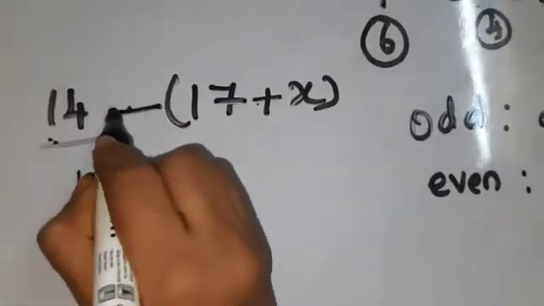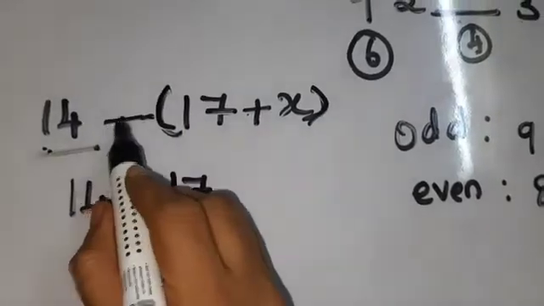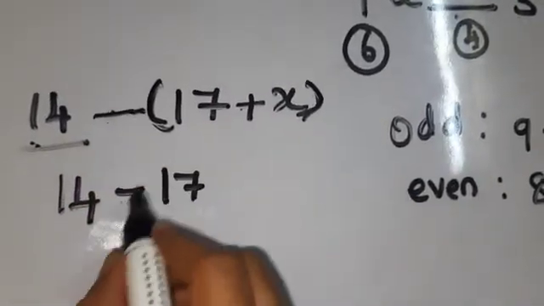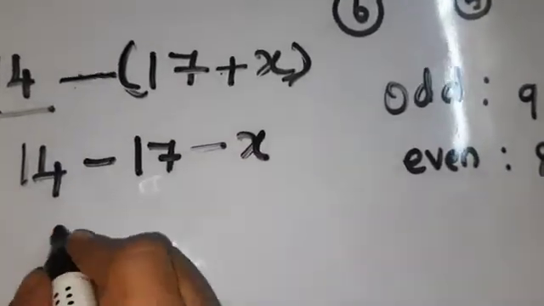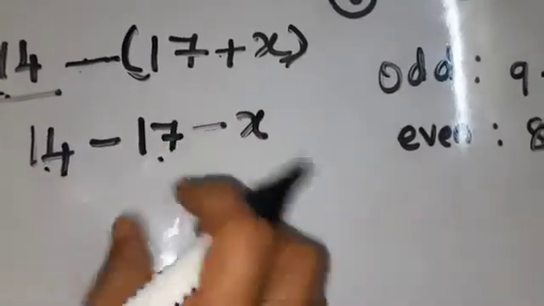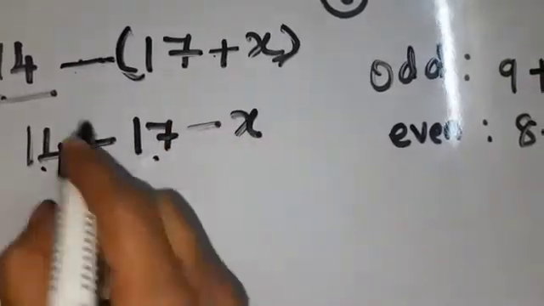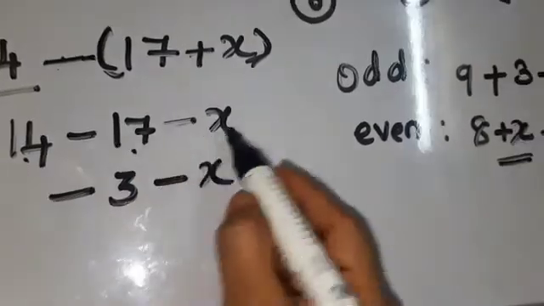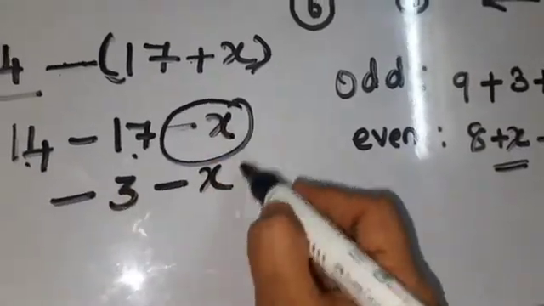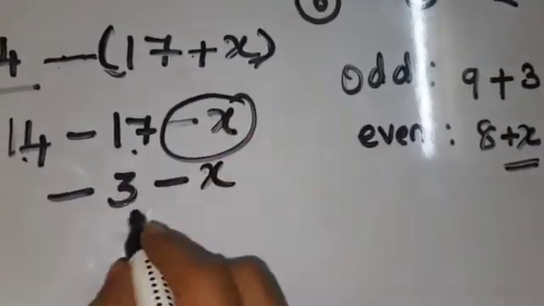We are going to multiply the subtraction symbol within the bracket, so that we get 14 minus 17 minus x. 14 minus 17 is a normal subtraction, students. 14 minus 17 is minus 3. Since there is no number, this minus x is written as it is.